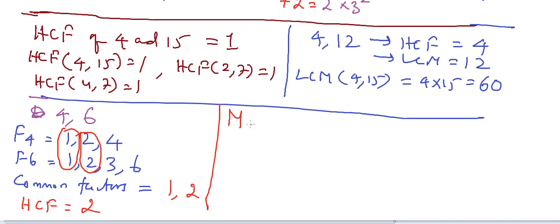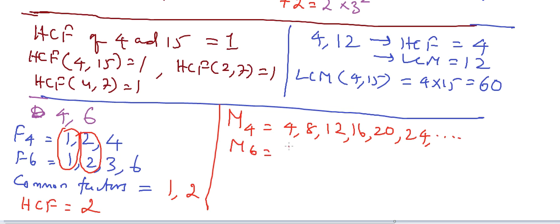What are the multiples of 4? 4, 8, 12, 16, 20, 24 and so on. What are the multiples of 6? 6 into 2 is 12, 6 into 3 is 18, 24, and so on, 30. Okay, now what are the common multiples?